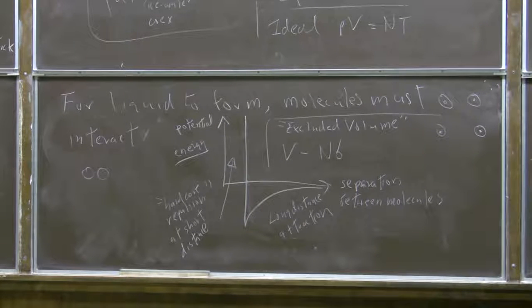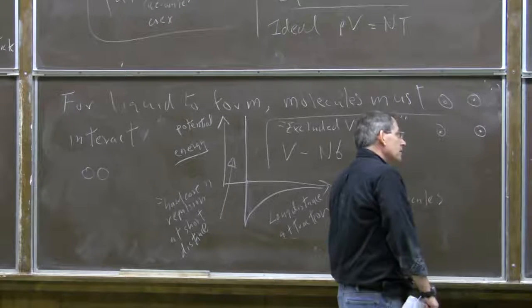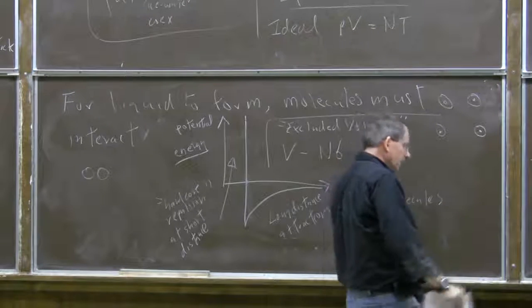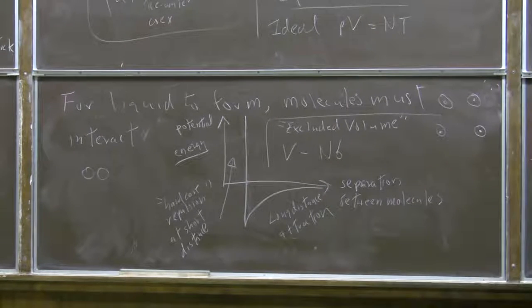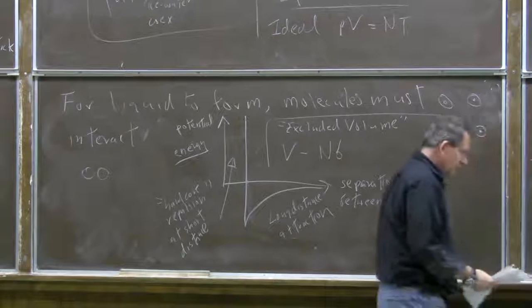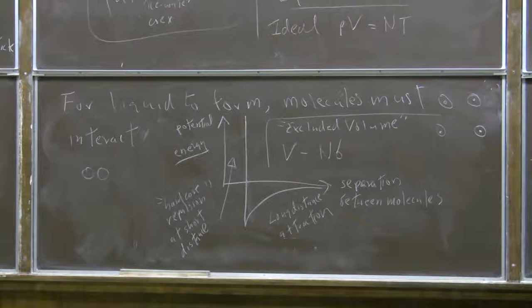I'll call it, because it's negative, because this is an attractive interaction, the potential energy is negative, I'll call it minus 2a, where a is some number with the appropriate dimensions. But this is a contribution to the internal energy minus a N squared over volume. V here meaning volume, not potential. Sorry about that.